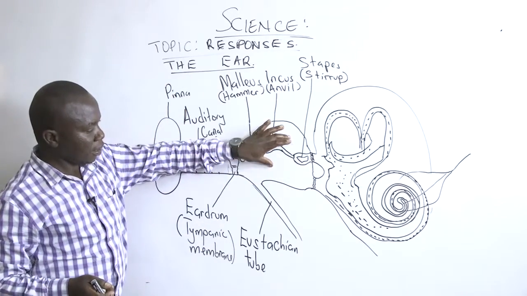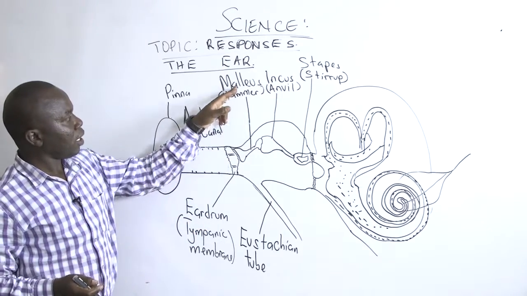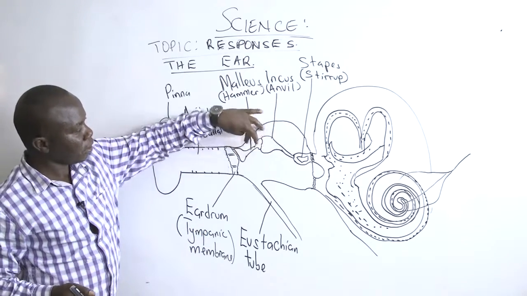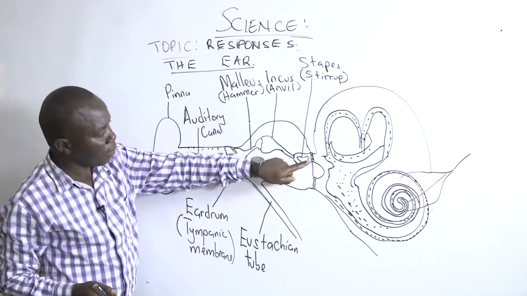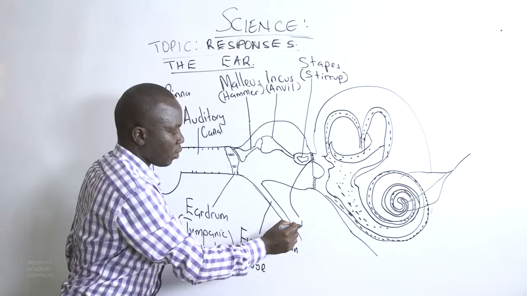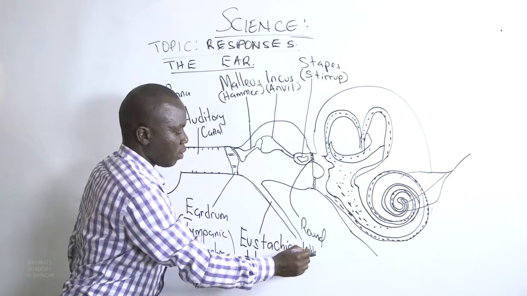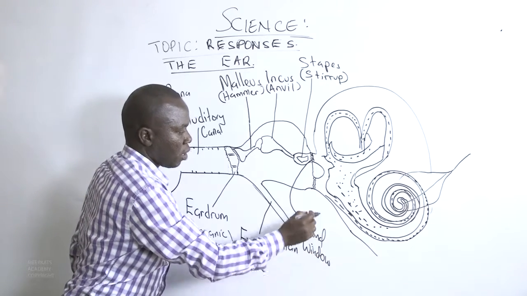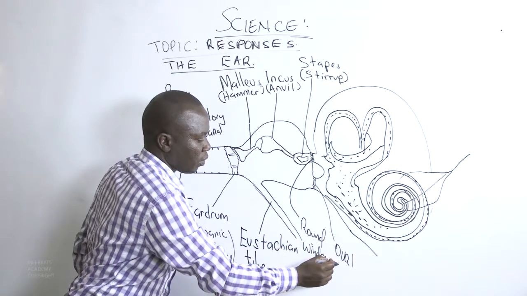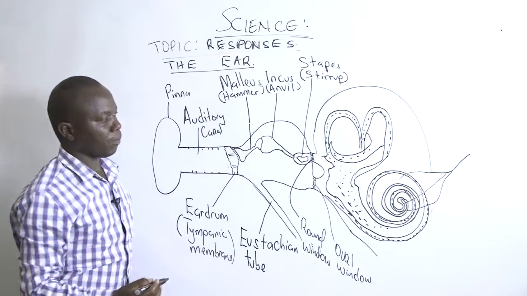And then the middle ear will be made up of the eardrum, the three ear ossicles, and other parts: this part is called the round window, and there's also another window called the oval window.